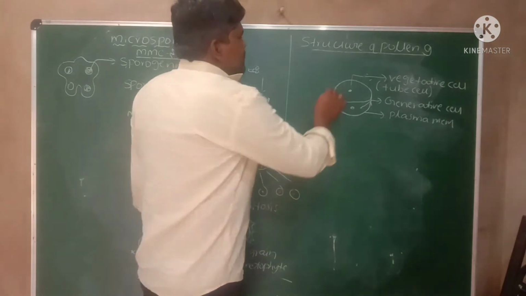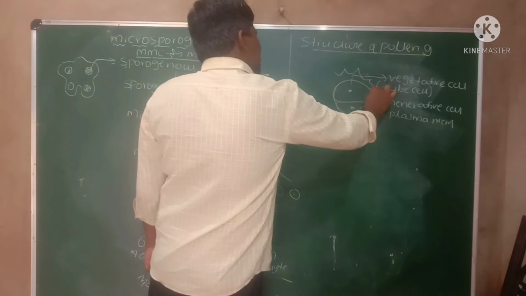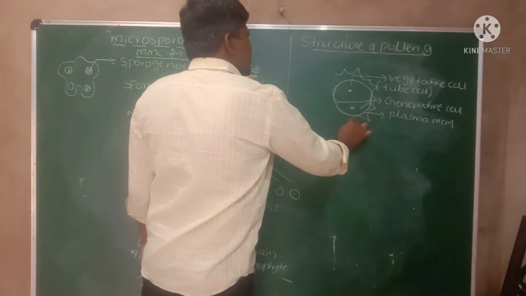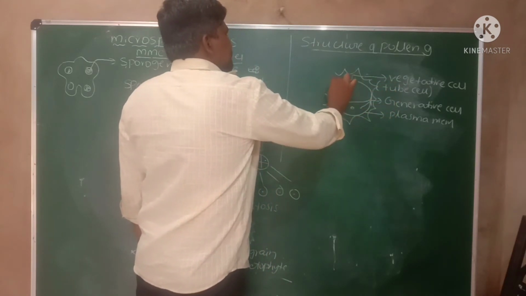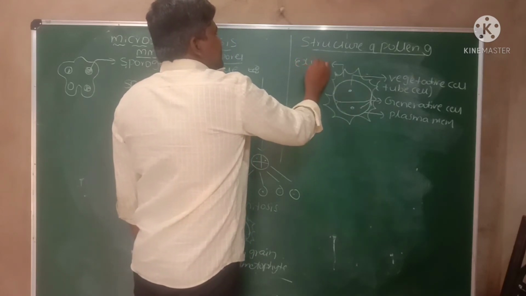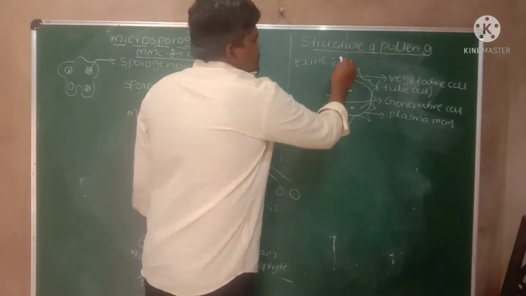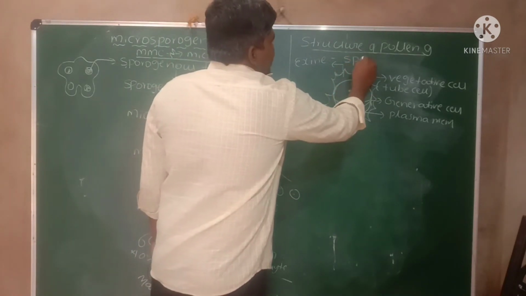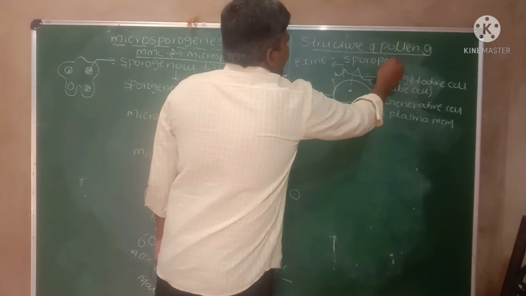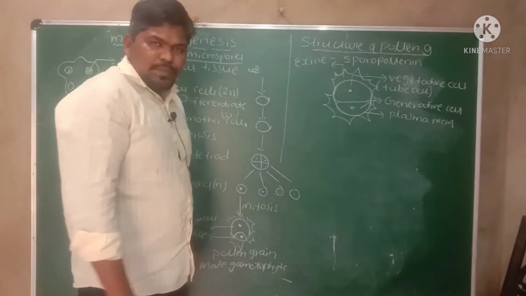Surrounding the plasma membrane of the pollen grain, we can see 2 protective layers. Number 1 is the outer exine. This exine is made with a special chemical called sporopollenin.